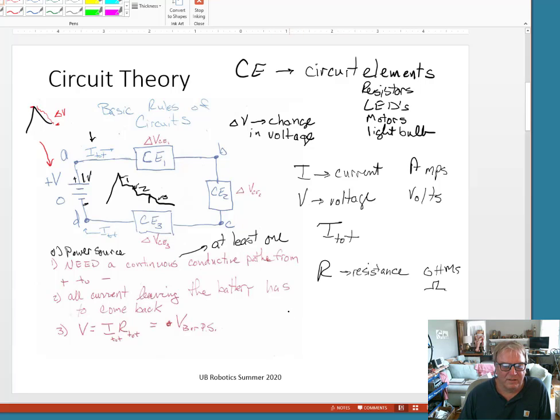So what it says is that if I multiply I total times R total, it equals V of the battery or power supply, and the delta is implied. And in fact, each one of these circuit elements has its own delta V, and that can be different depending on whether you have a series or a parallel circuit.